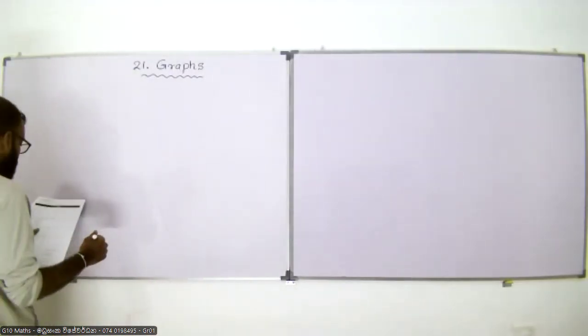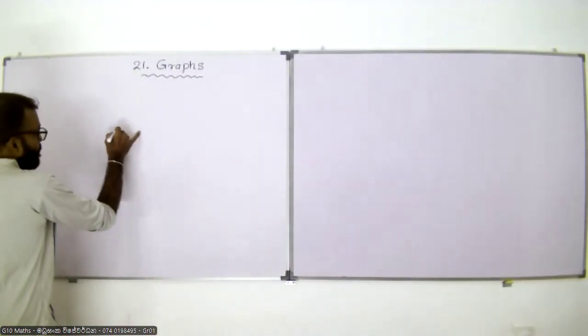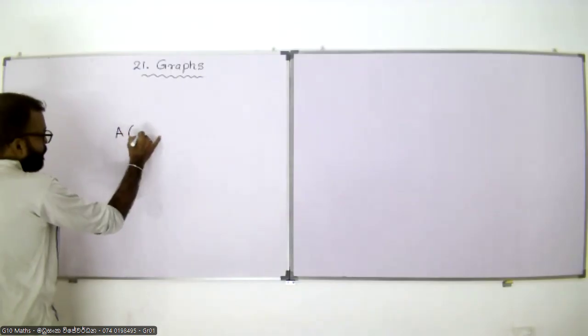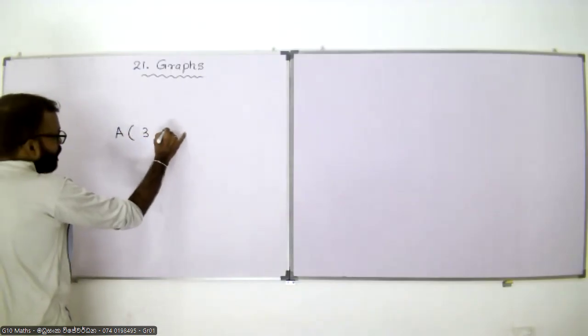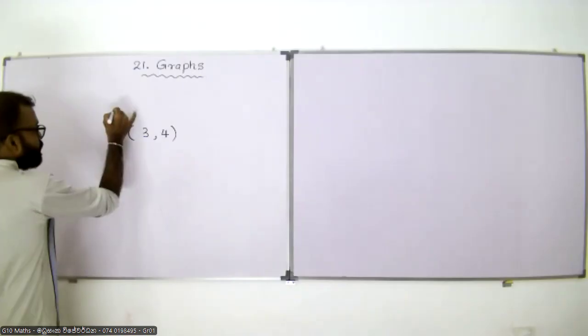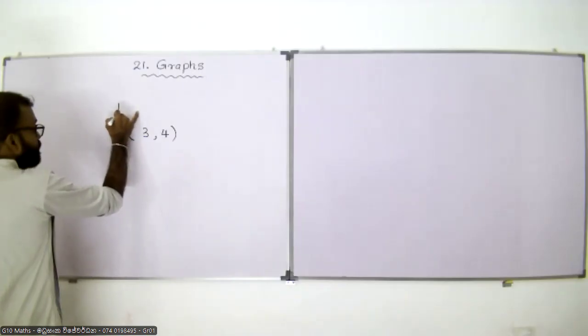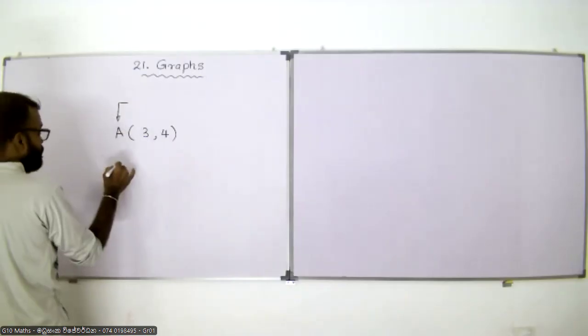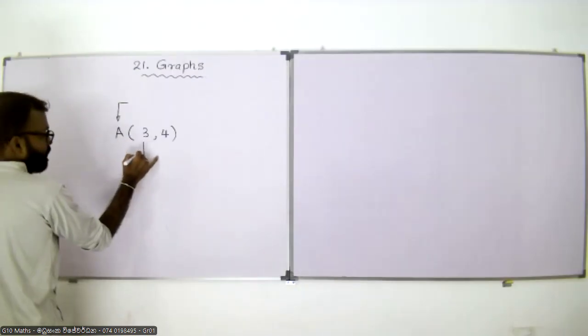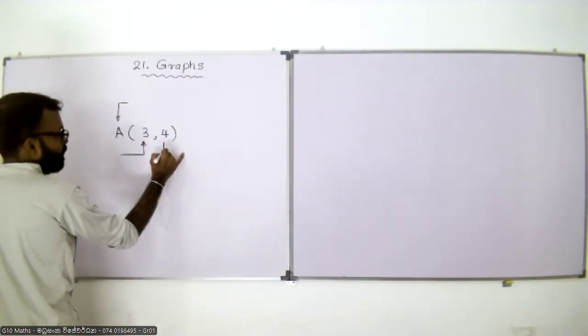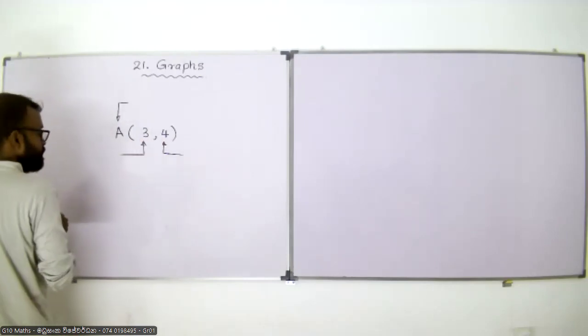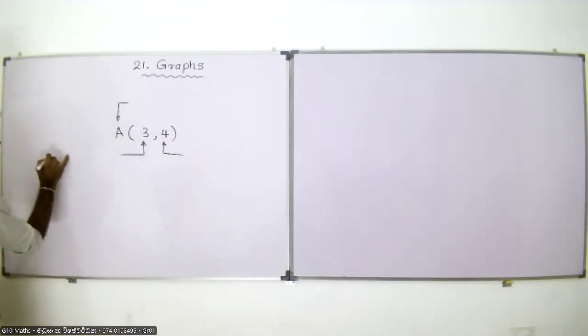So I have given something like this. Here I have given you a label. This is called the x coordinate.